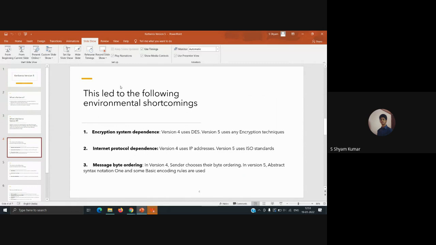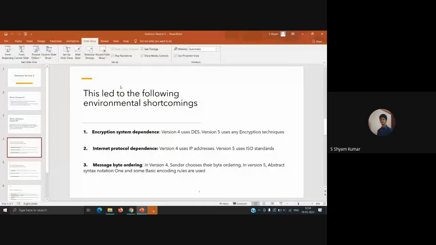In version 5, you must follow a standard known as Abstract Syntax Notation 1, and some basic encoding rules are used for byte ordering.